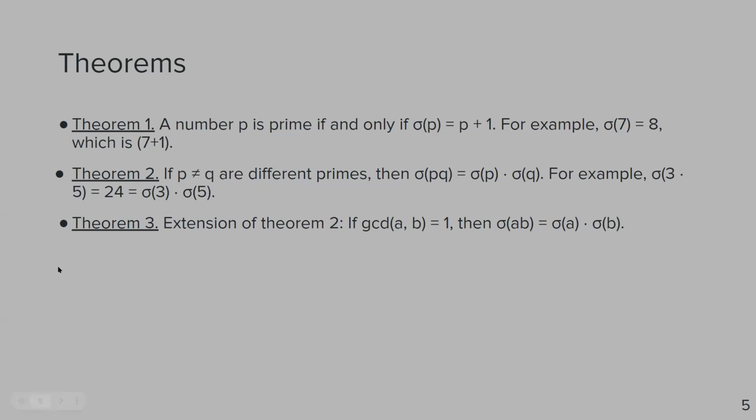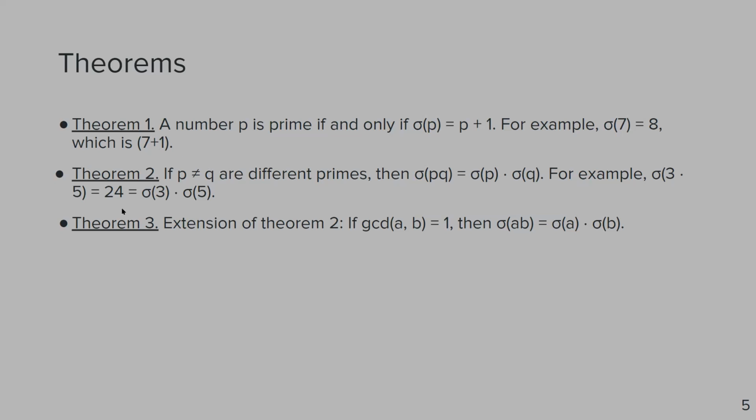The theorems discussed in the paper are: Theorem 1, a number p is prime if and only if sigma of p is equal to p plus 1. For example, sigma of 7 is equal to 8, which is 7 plus 1.